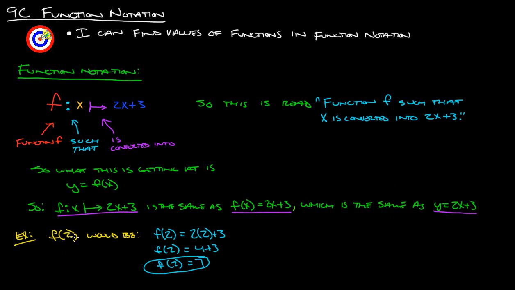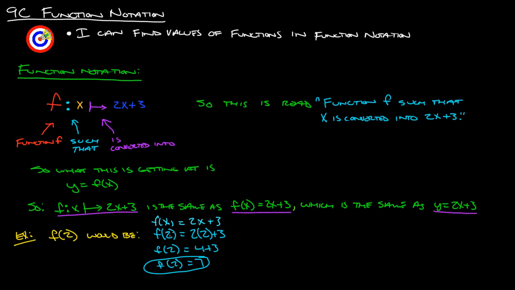f of 2 would be, so finding the function of 2 of any of these three, which all mean the same thing. It's usually easiest to put it into this form here, f of x equals 2x plus 3.